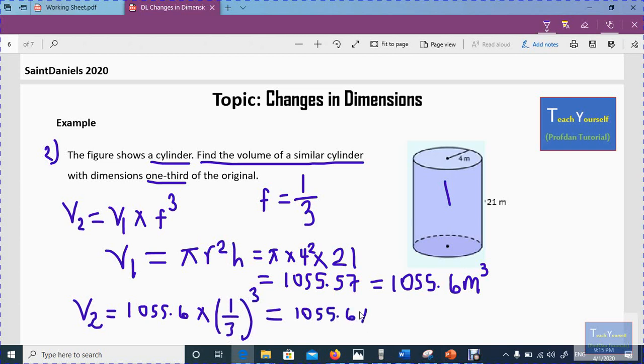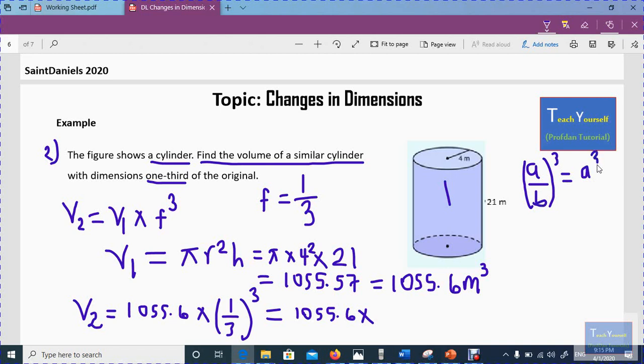Remember, in mathematics, when you have, for example, A over B raised to power 3, it simply means the numerator and the denominator both have this power.